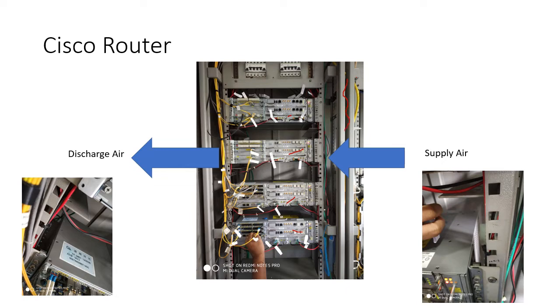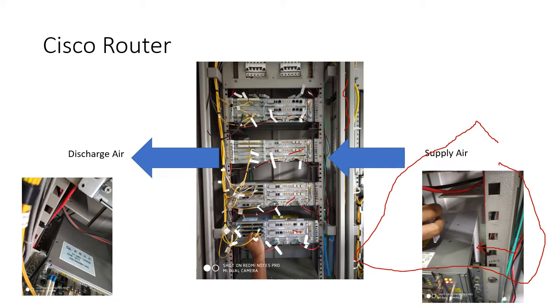Normally the right hand side of this router unit has the supply air section, and from the left hand side it is discharging the hot air. If you see the zoom view, this is the place where the supply air is going inside, and there is a filter unit also.